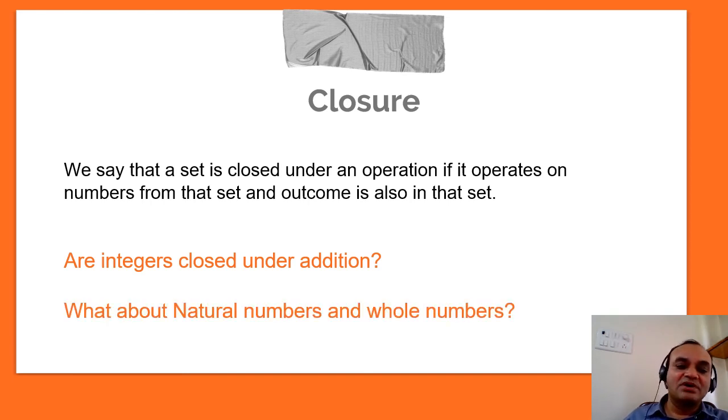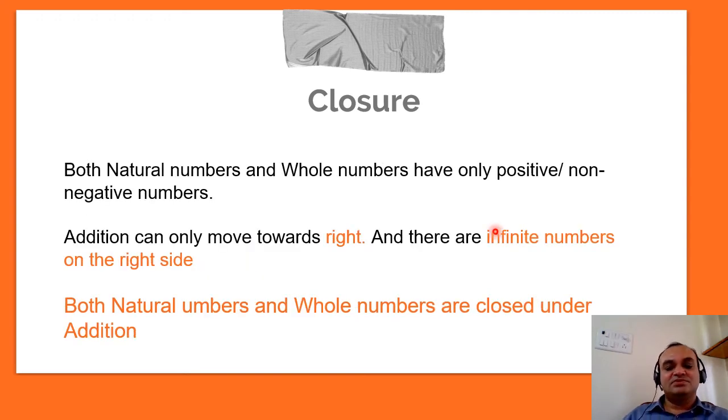And what about natural numbers and whole numbers? Are they also closed under addition? Let's just think about it. Both natural numbers and whole numbers have only positive or non-negative numbers. So if you add two numbers from natural numbers, we will always move to the right side.